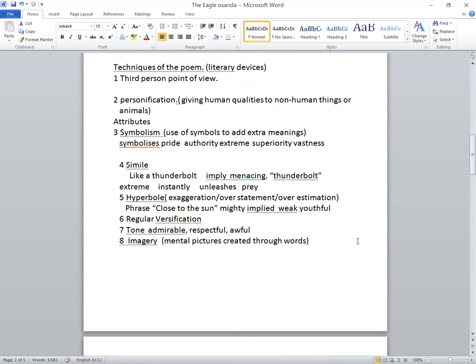Okay. Write down: mental pictures created through words.